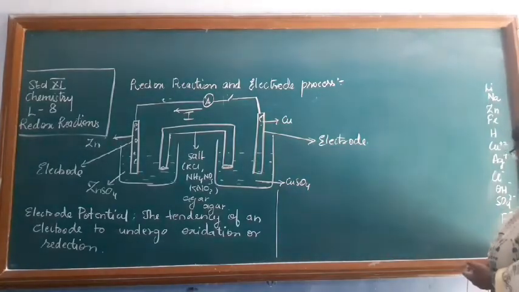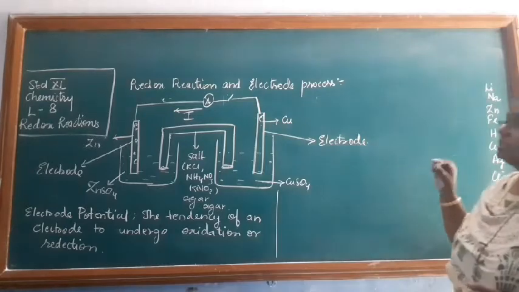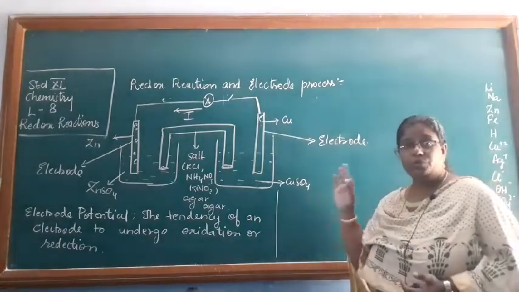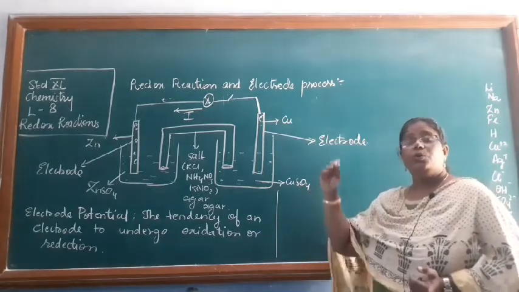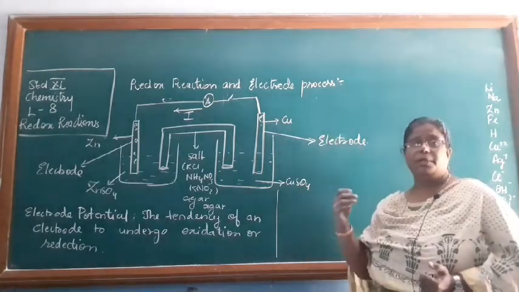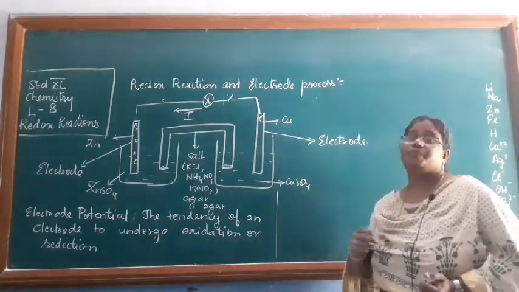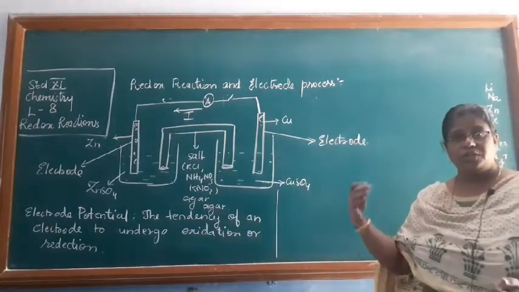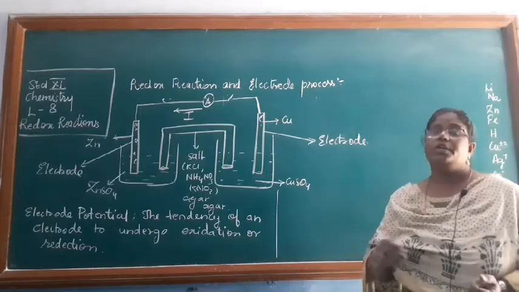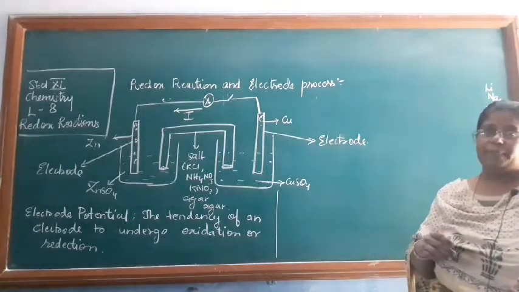Now, there is an electrochemical series which is given to you in your book also, a table where you are arranging various elements based on either the value of oxidation potential or the value of reduction potential, ठीक है.